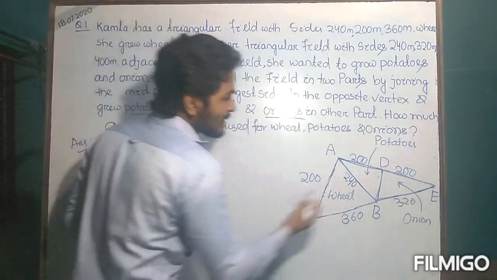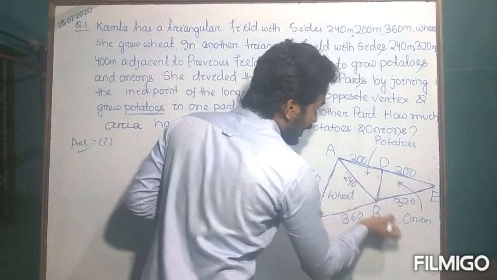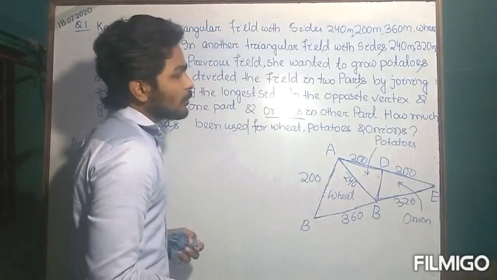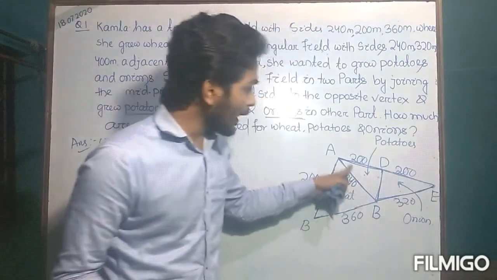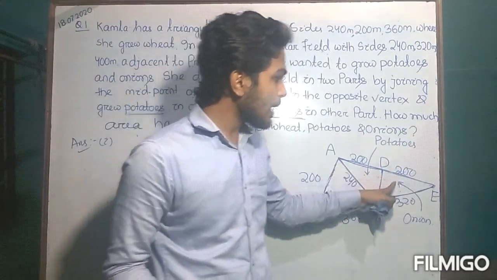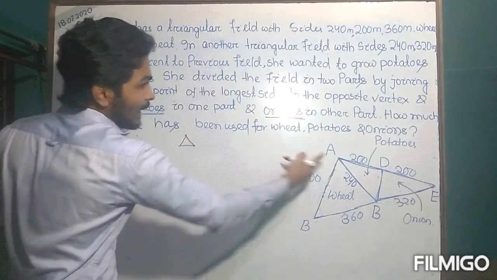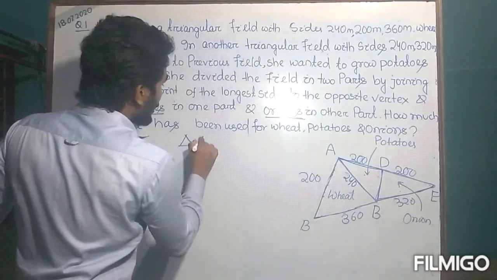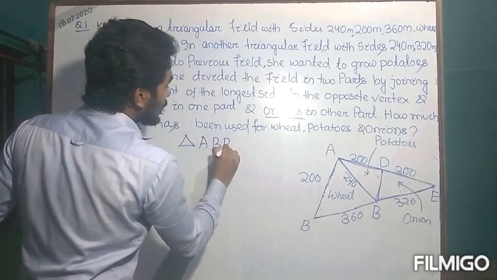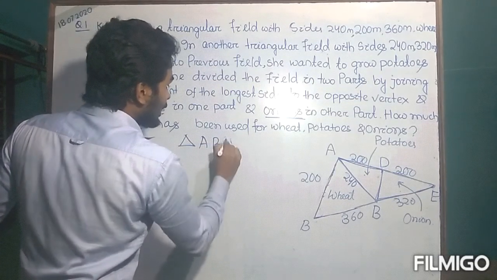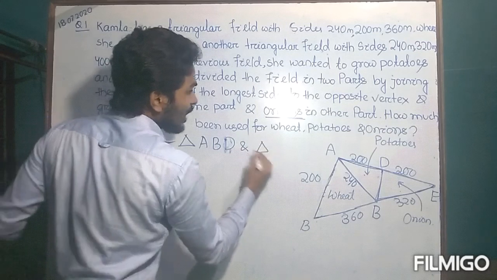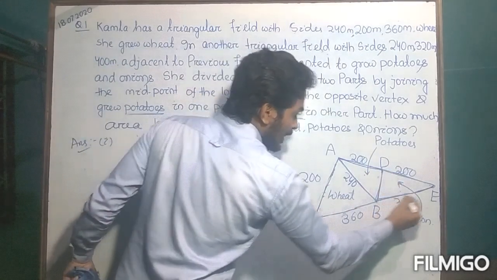As you know, since she will grow potatoes here and onions here, we need to find the area of this triangular field as well as the area of this triangular field. That means area of triangle ABD and area of triangle DBE.